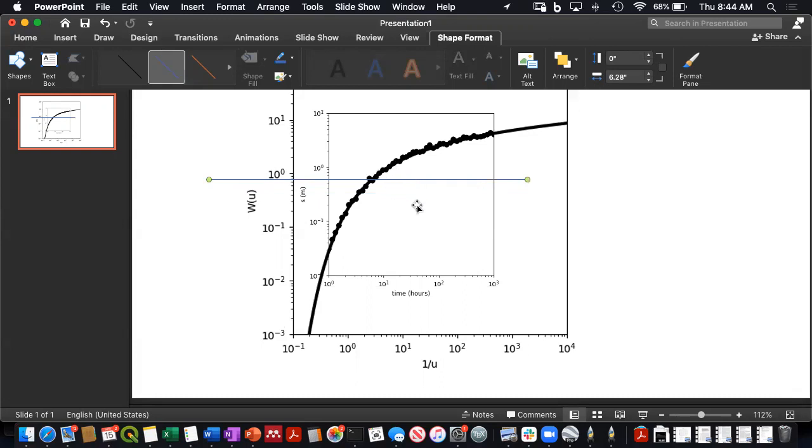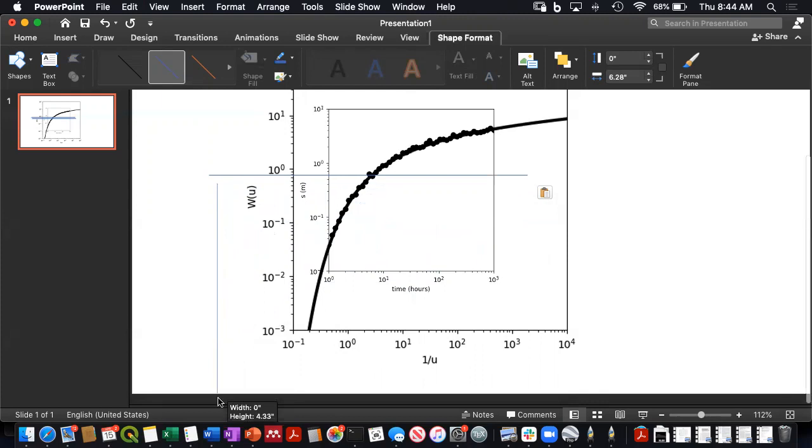And then I'm going to put in another one. That's vertical. I'm going to do the same thing.